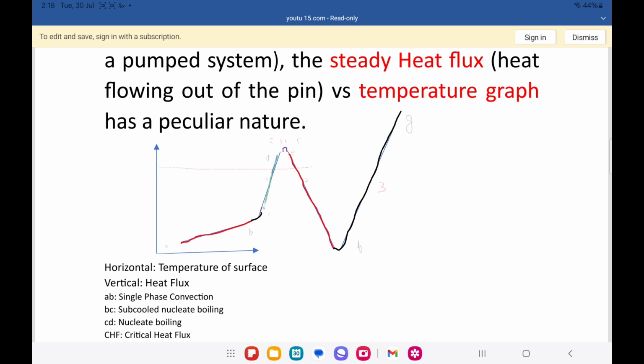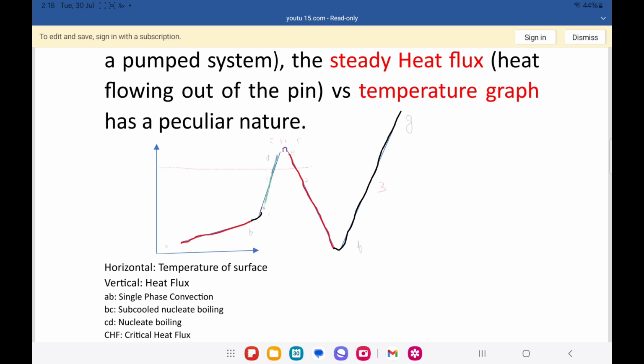So at a particular constant heat flux, the fuel pins will have three operating zones. The first one will be in the nucleate boiling zone, the second in the transition boiling zone, and the third will be in the film boiling zone.